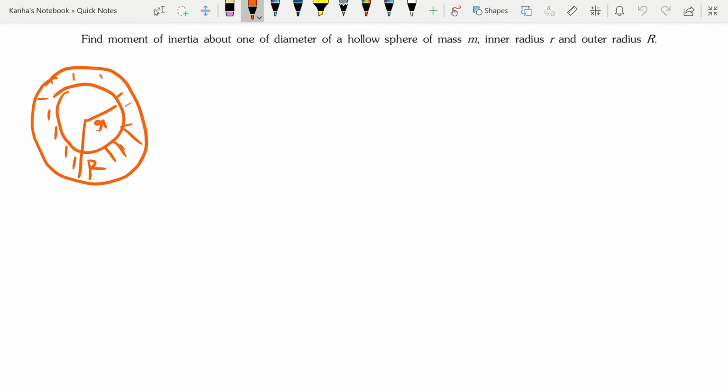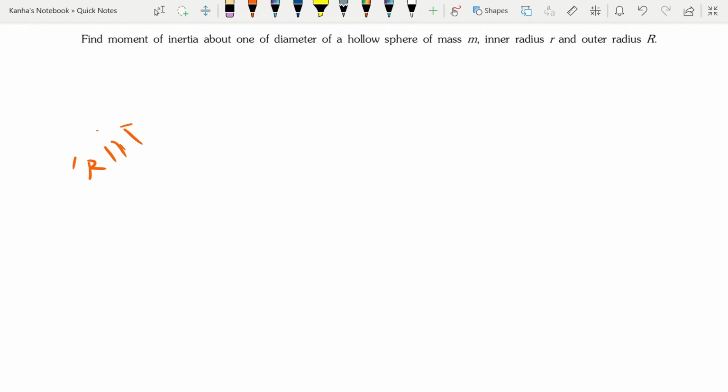So how do you find the moment of inertia of this? You've done it for a solid sphere, you've done it for a hollow sphere, so how will you approach this? Now a hollow sphere can be assumed as if a concentric smaller sphere of radius r has been removed from the larger sphere. Thus the moment of inertia of the hollow sphere about any axis can be obtained by just subtracting the moment of inertia of the smaller sphere from that of the larger sphere.